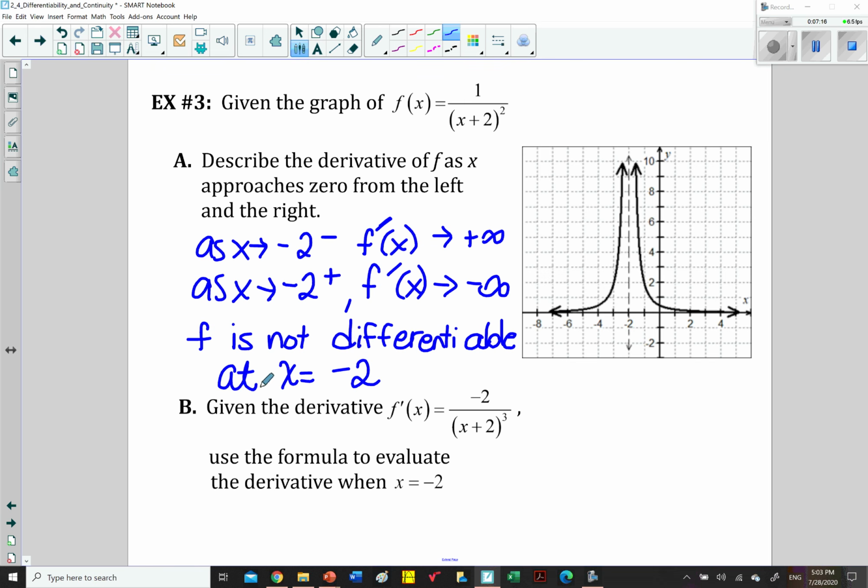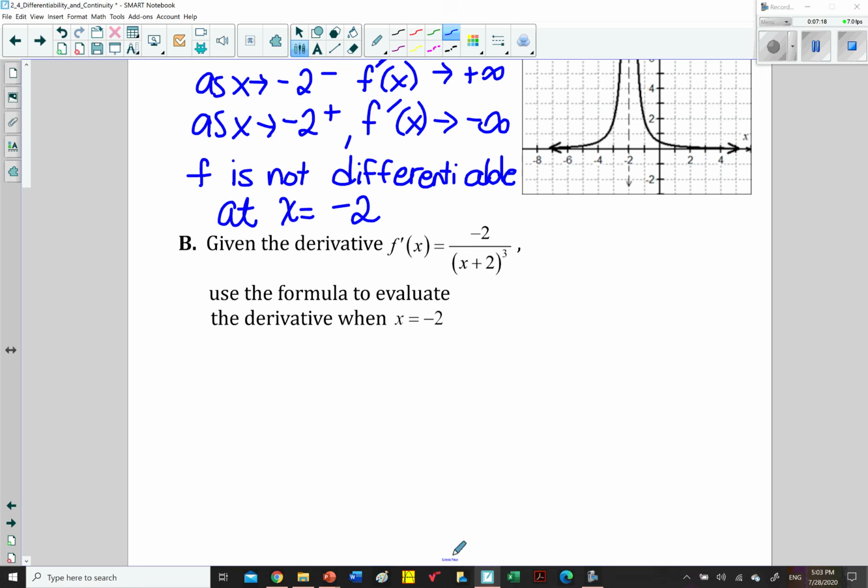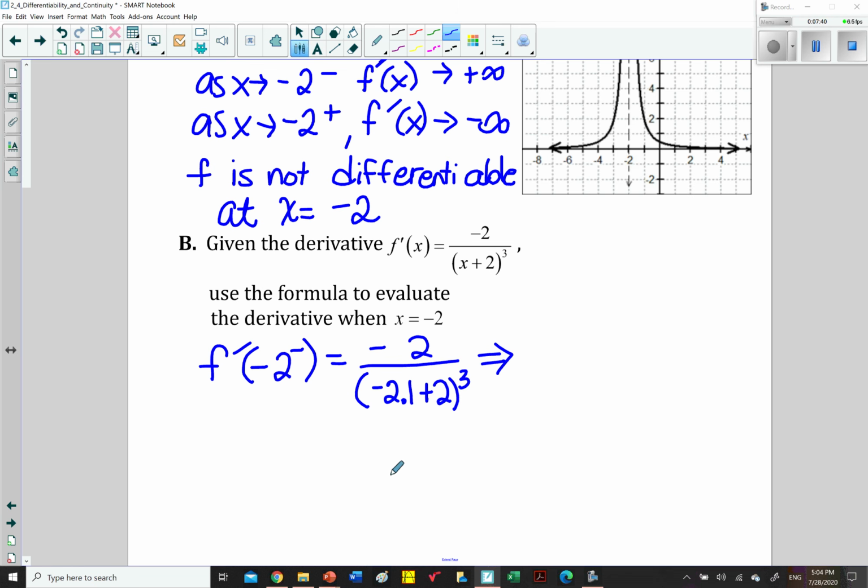So we can evaluate that by using both definitions. So f prime at negative 2 from the left, we could consider that we're evaluating here in this small neighborhood. I'll say negative 2.1. And you've got to think about the behavior and the size of numbers.